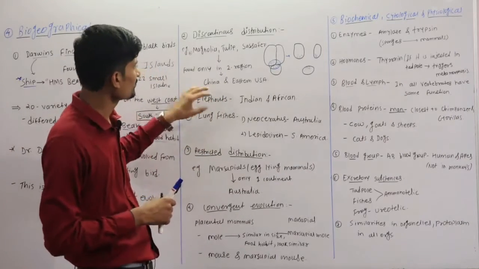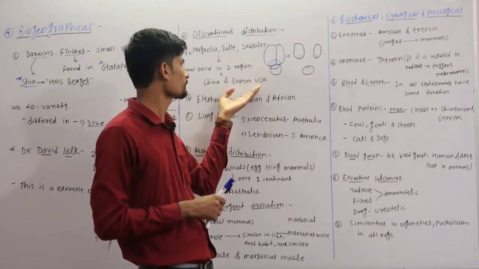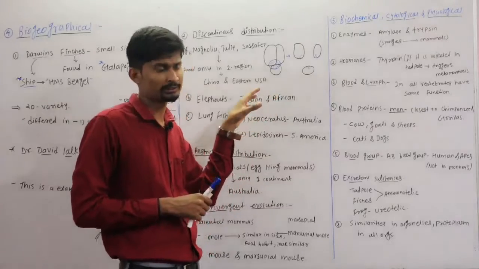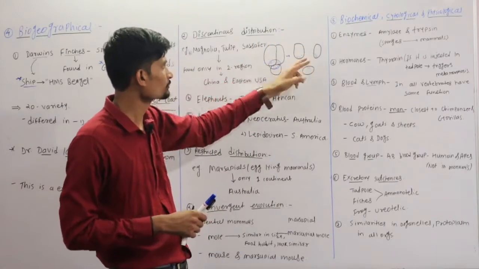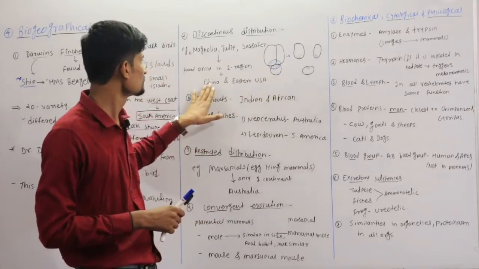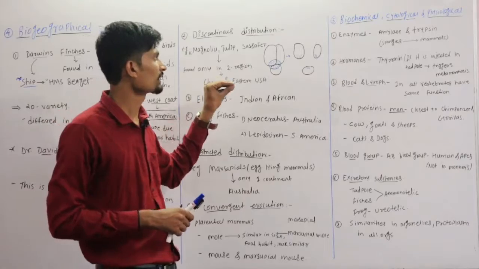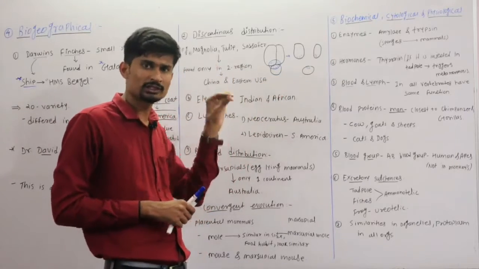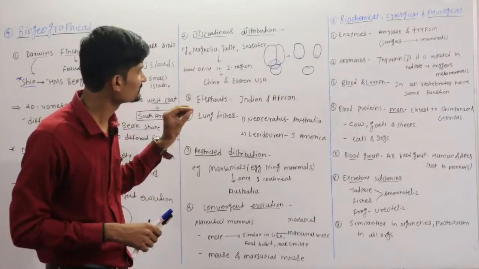So why are these found in only two regions? It is believed that China and Eastern USA may have been part of the same continent, and during the separation of these two continents, these plants, that is tulips, sassafras and magnolia, also got separated.